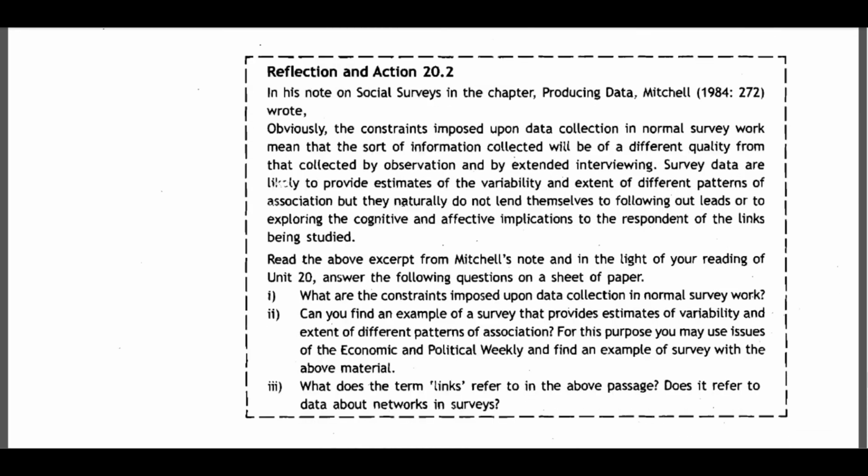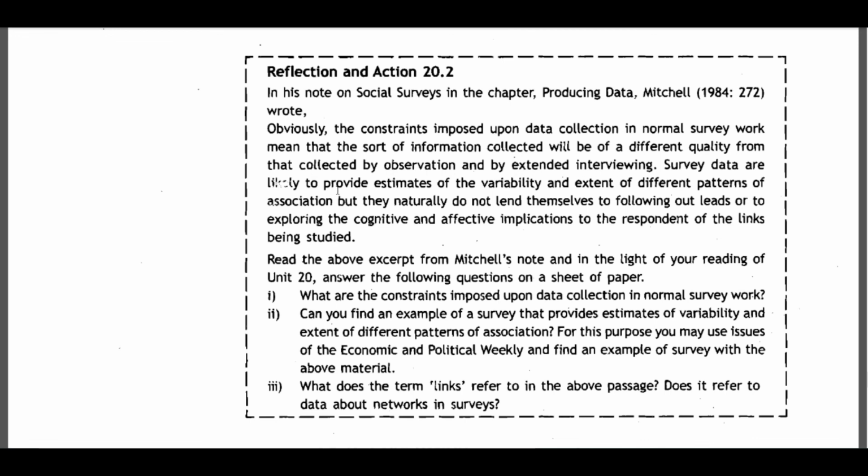So, reflections and action 20.2. In his note on social surveys in the chapter Producing Data, Mitchell wrote, "Obviously, the constraints imposed upon data collection in normal survey work means that the sort of information collected will be of a different quality than that collected by observation and by extended interviewing.